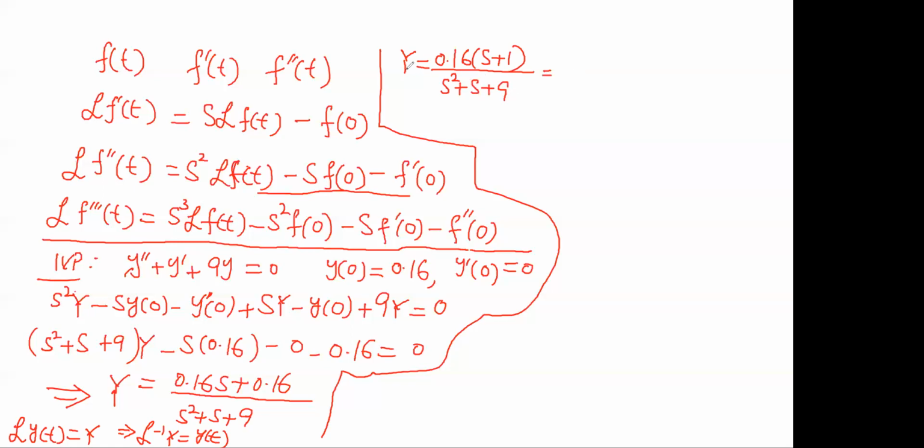I think in this case, given the formulas for the Laplace we know, I can try to complete the square in the denominator, okay? So what I can do over here is focus on the denominator first.